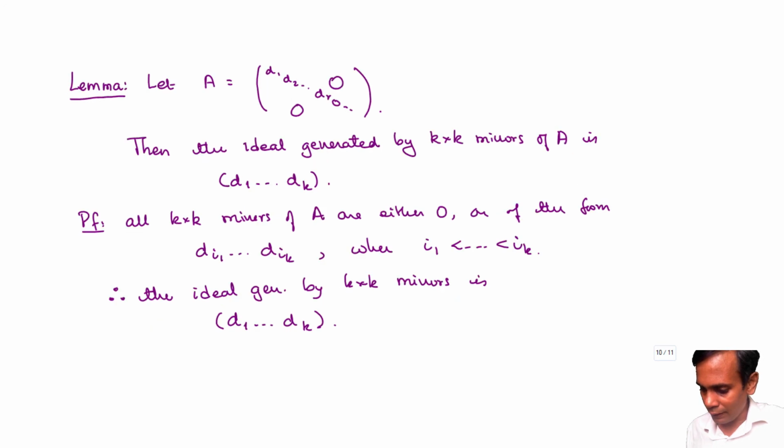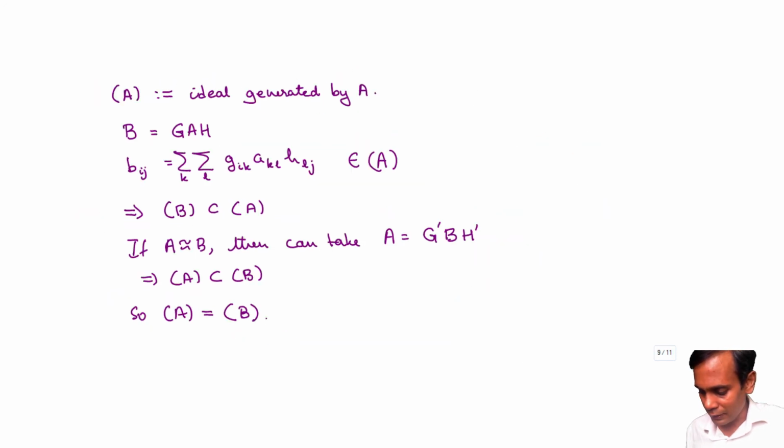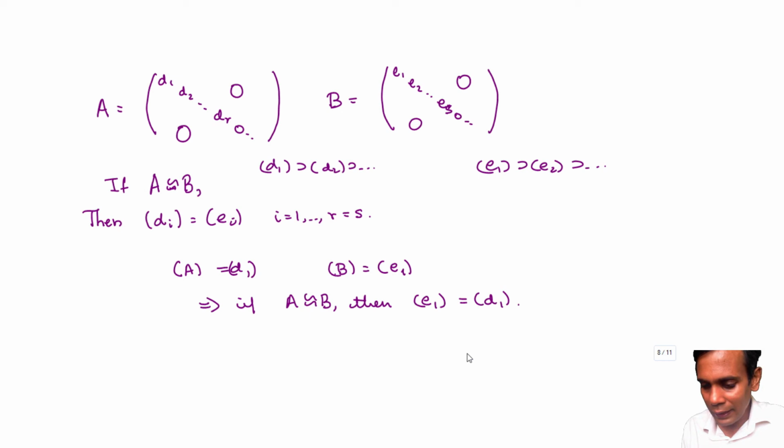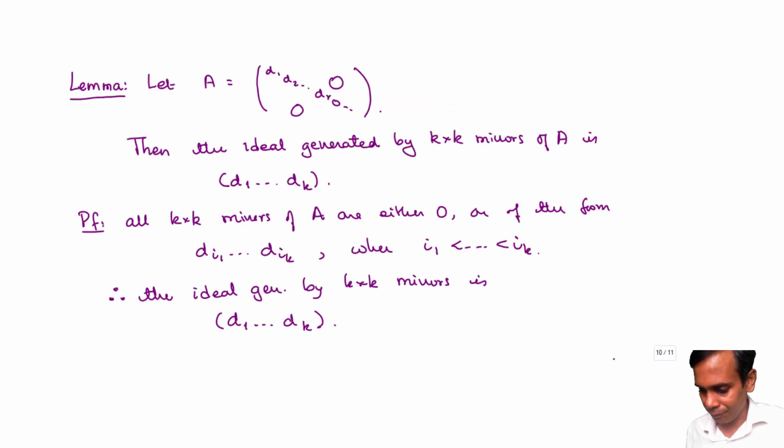And now let's go back and look at our matrices in Smith canonical form. The ideal generated by k by k minors of A is exactly D1, D2, up to Dk.